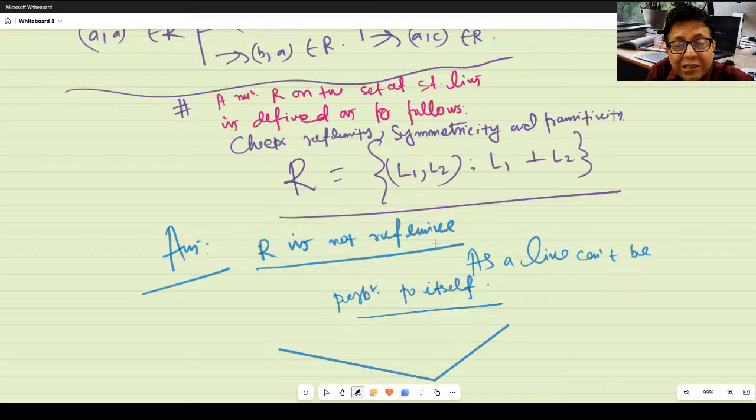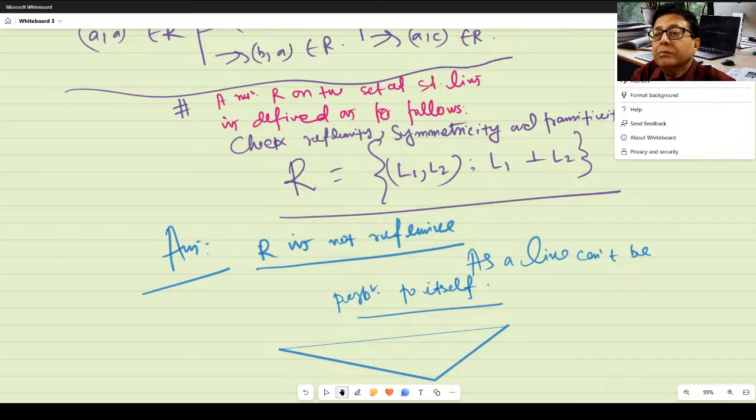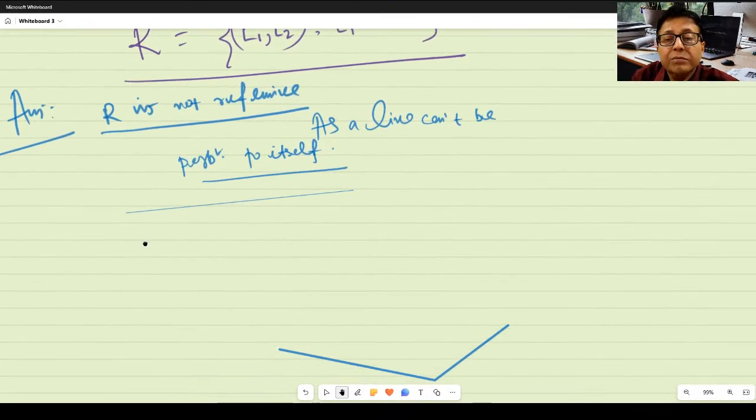But R is symmetric. Why is R symmetric? R is not reflexive, but R is symmetric. Why? R is symmetric because if L1 is perpendicular to L2, then L2 is perpendicular to L1. Agree or not?